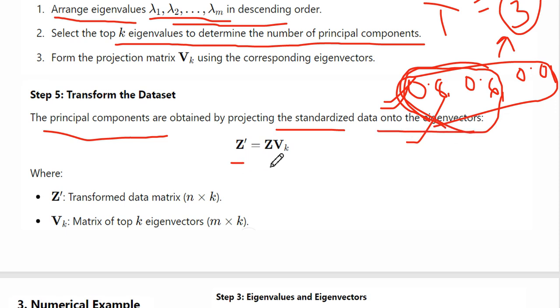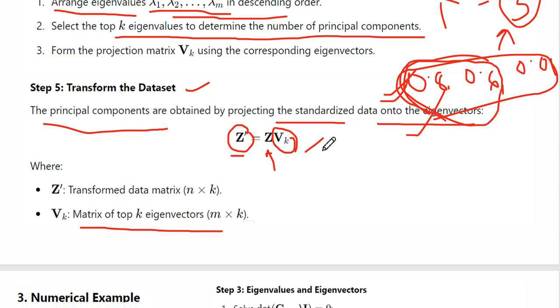That is Z dash equals Z, the standardization matrix, multiplied with the matrix of top k eigenvectors. Then we get Z dash. This is called transforming the data into principal component data, the new data set, after picking the number of components.